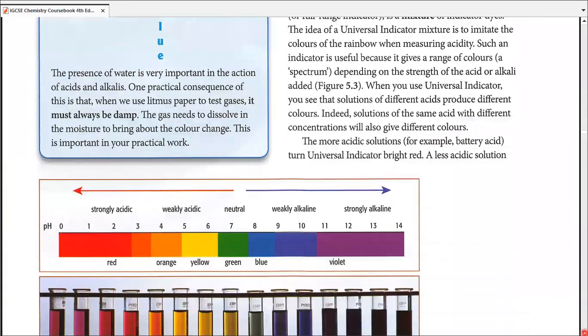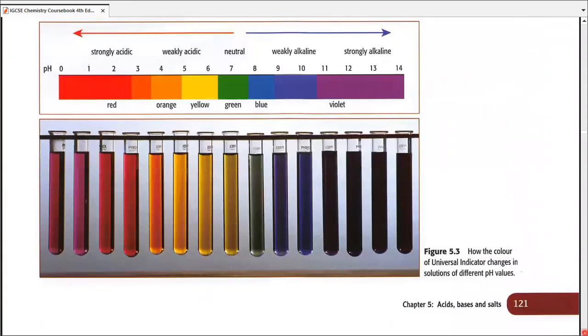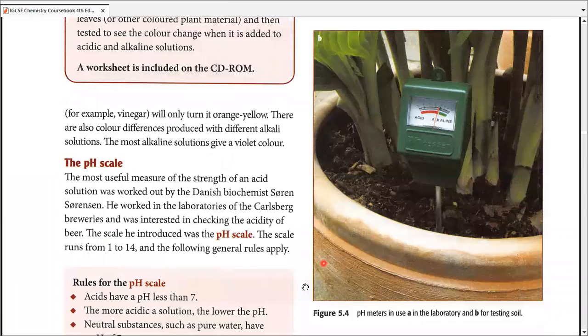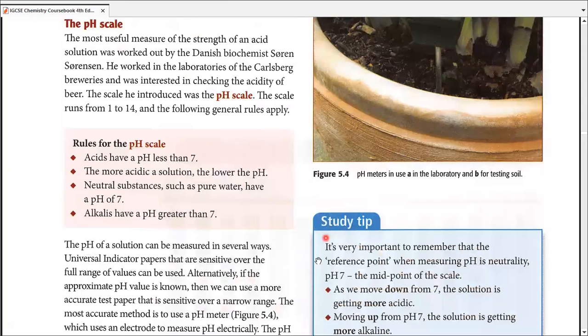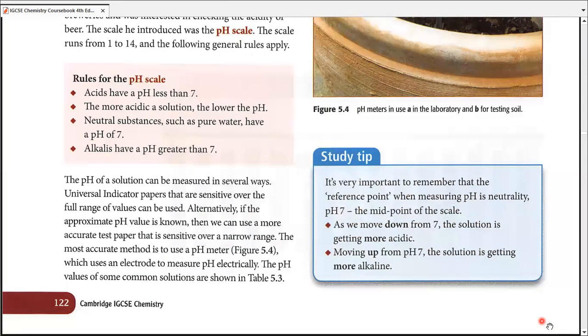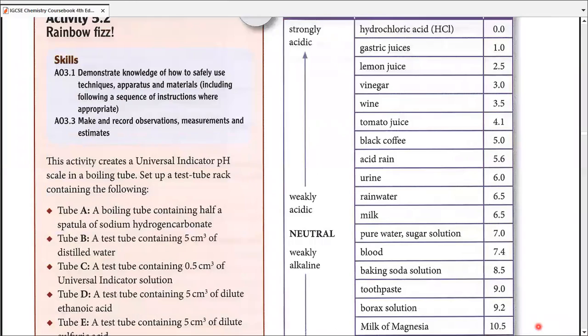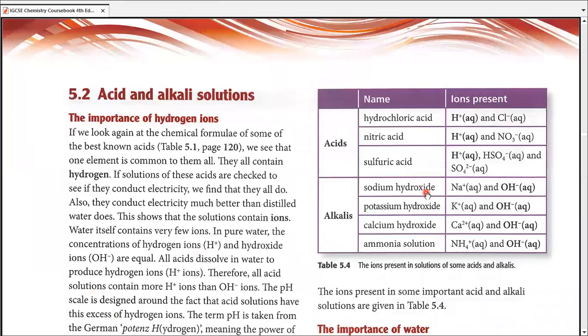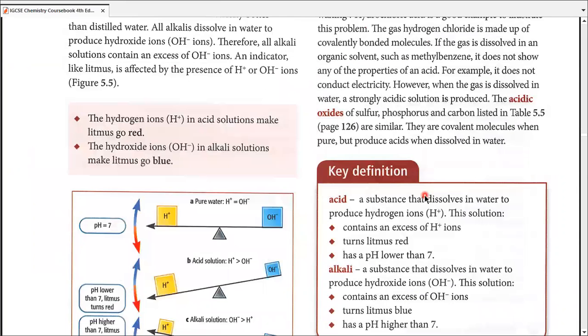So if we move on to page number 122, you will find that acids actually are defined in a different way. Just a second. Let's get to the definition of the acid so that I can finish it up before I move on to any other kinds of. There you go.